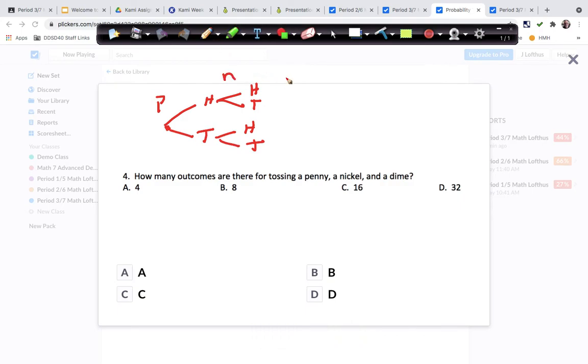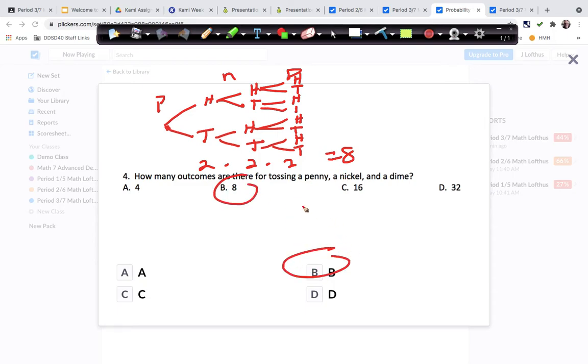Each could be heads or tails. So 2 possibilities here times 2 possibilities here times 2. See how they just multiply together? And 2 times 2 is 4 times 2 is equal to 8. So 8 and B were the answer on that one. Okay, you want to hit pause there if you're still writing, because I'm going to go to the next one.